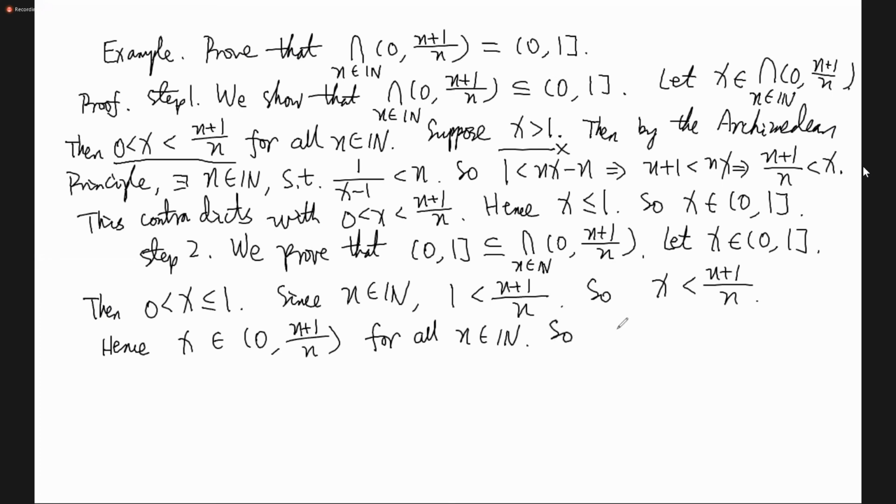So x belongs to the intersection because x belongs to such interval for all n. So now we finish the proof of these two steps. So we get therefore these two sets are equal.